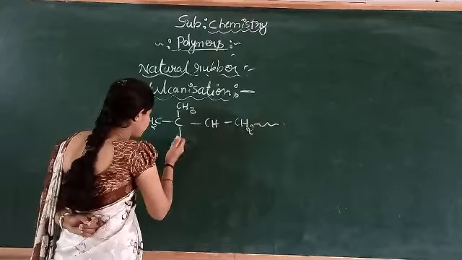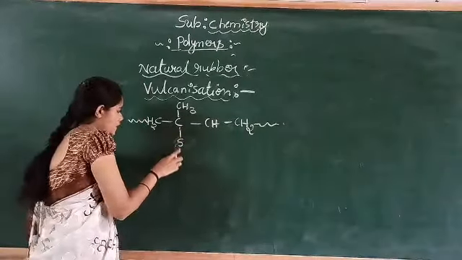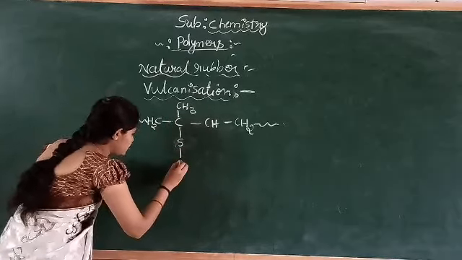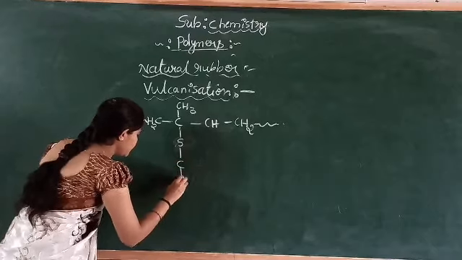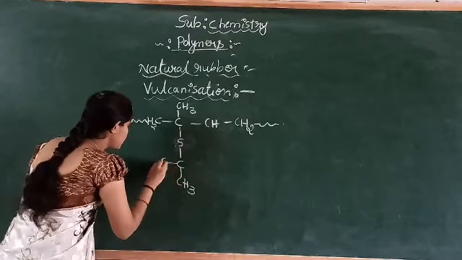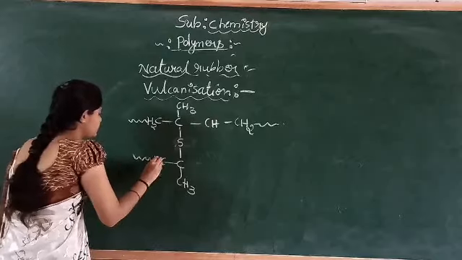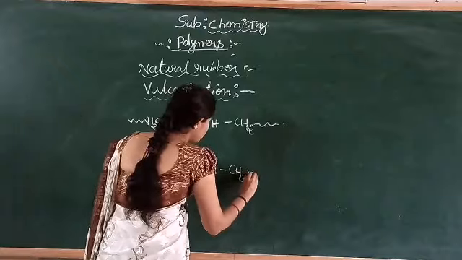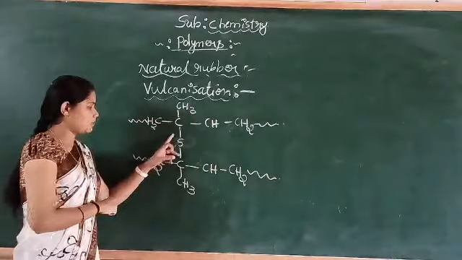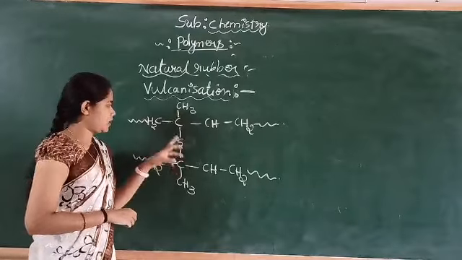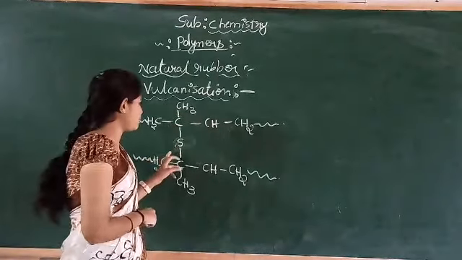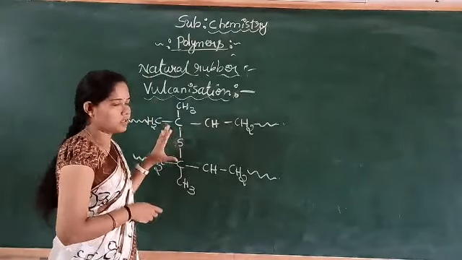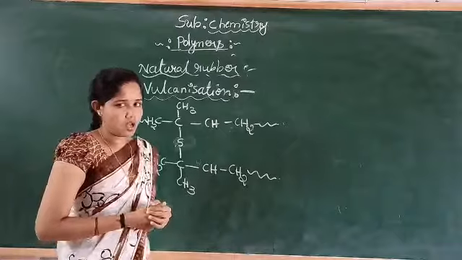Here, this chain links with sulfur to another natural rubber chain, that is CH3, here CH2, this chain continues. Here CH2, this chain also continues. At the double bond, we have sulfur linkage. This sulfur linkage is formed by van der Waals forces of attraction. So this is the partial structure of vulcanized rubber.